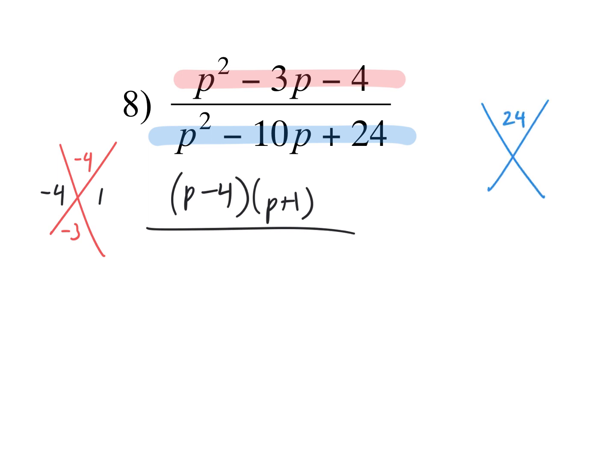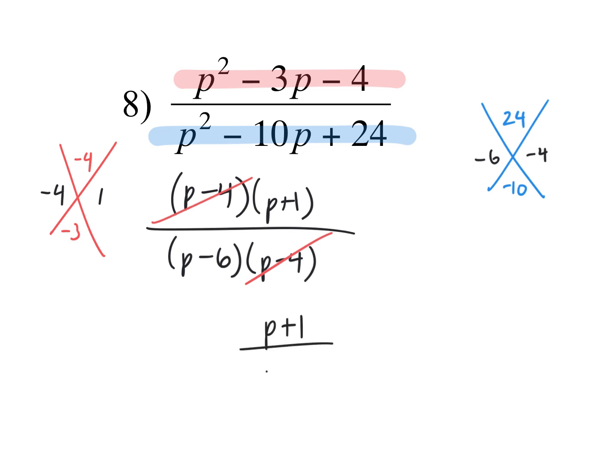So it multiplies to give me 24 and adds to give me negative 10. That would be negative 6 and negative 4. So I've got p minus 6 and p minus 4. Now the p minus 4's go away, so my final answer is just p plus 1 over p minus 6.